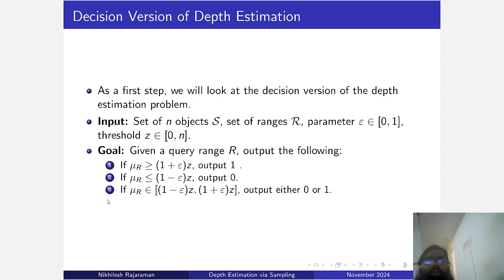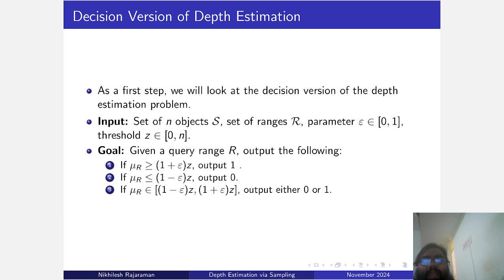So more formally, here is the decision problem that we're going to look at. So given a query range, we want to check if the depth of the range is greater than Z or less than Z. So in the exact decision problem, we have to basically output this exactly. We have to output, let's say, 1 if the depth is greater than Z and 0 if the depth is less than Z. But in this approximate decision version, we're okay with making an error when the real depth lies within an epsilon multiplicative factor from Z. So formally, if the true depth is more than (1 plus epsilon) times Z, we want to output 1.